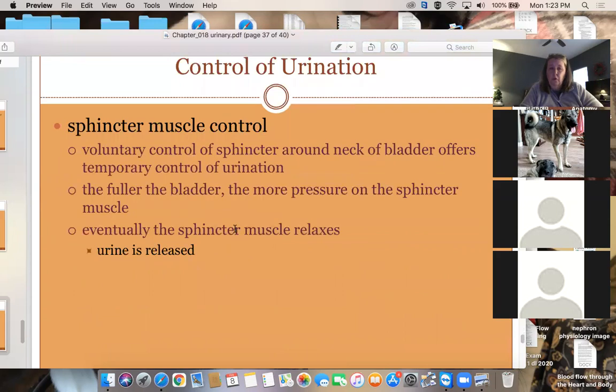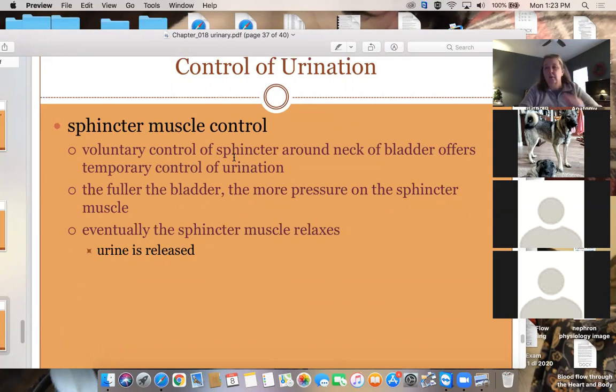Now, again, the control of urination is the sphincter, which controls the opening to the urethra. And it's under voluntary control. And as the bladder gets fuller and fuller, there is more pressure. Eventually, if you did not make it home for several hours, sometimes your animals may have an accident. Or, in people, you start like, I gotta go. You feel the urge. Initially it might be minor, but if you can't get to a bathroom, it's going to increase in urgency.